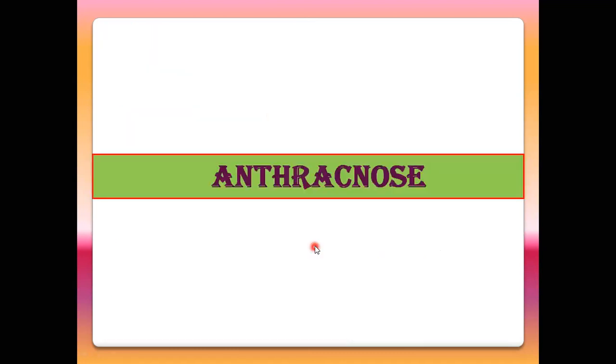Okay, then this is the second most important disease seen in guava, anthracnose. These symptoms are generally seen on the leaf, petioles, wings, branches, and fruit also.